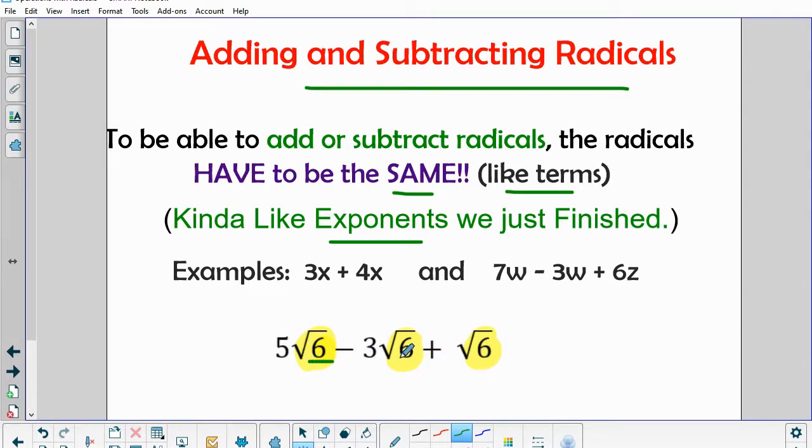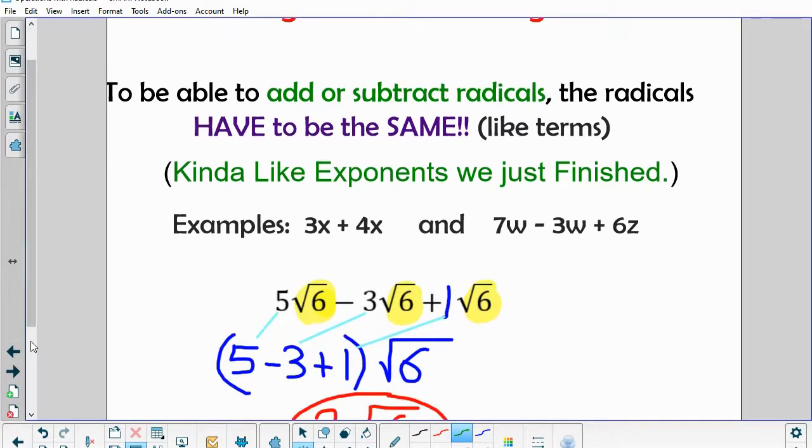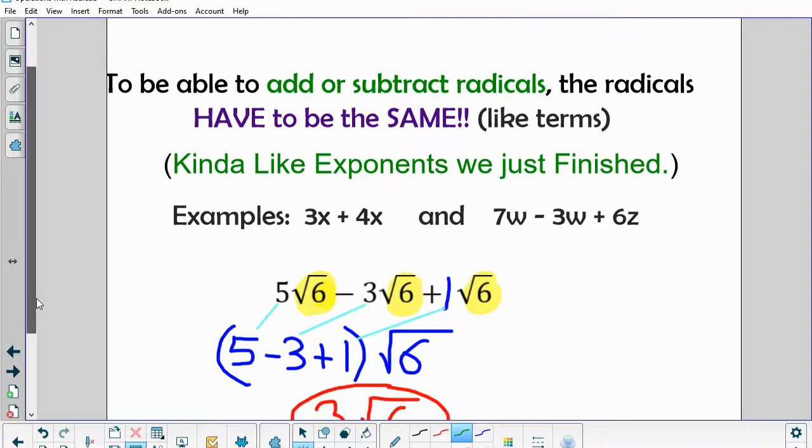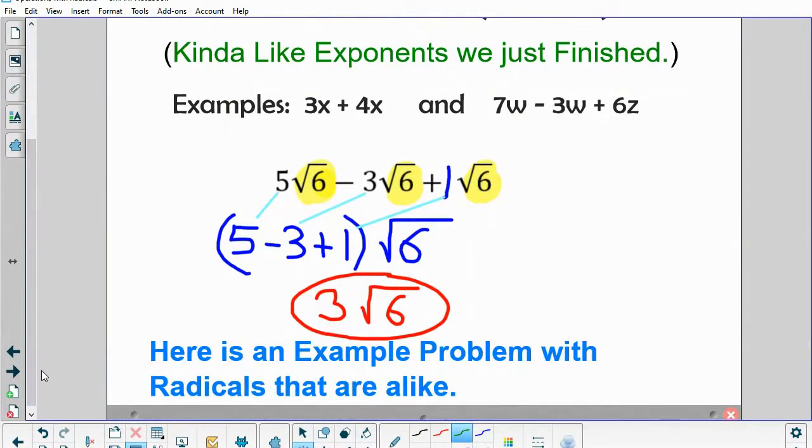You notice we have a lot of square roots of 6 there. So in order to combine those together, all I have to do is add or subtract the coefficients, 5 minus 3 plus 1. And when I do that, I end up with 3. And then I multiply all of that by the square root of 6. So that particular problem would simplify to be 3 times the square root of 6.